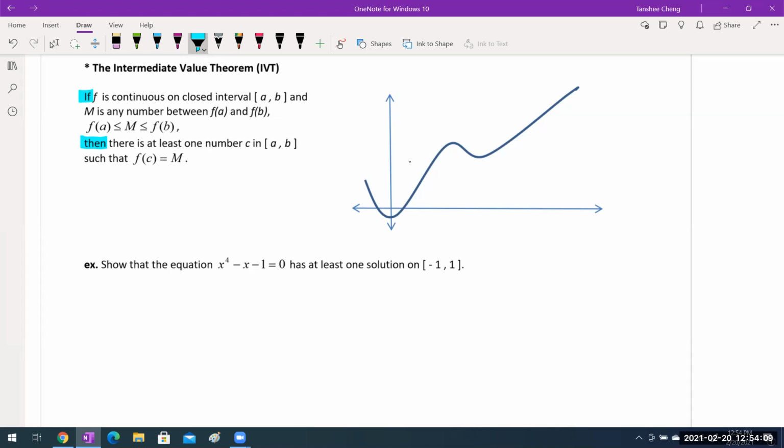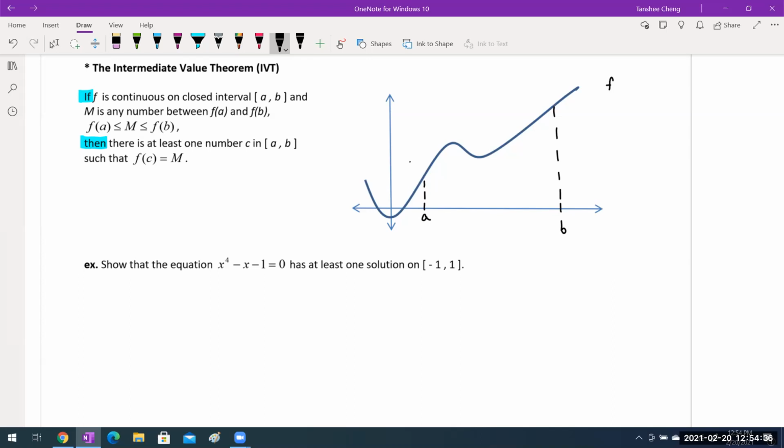So first, we need to know f is continuous on a certain interval a and b, okay? So that's the first criteria that we need to remember, and make sure you precisely state it as continuous on, because in some theorems it is an open interval, and in some theorems it is a closed interval.